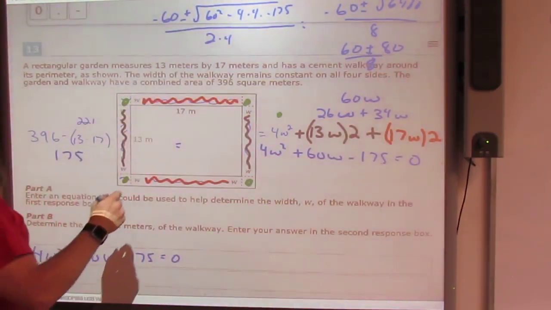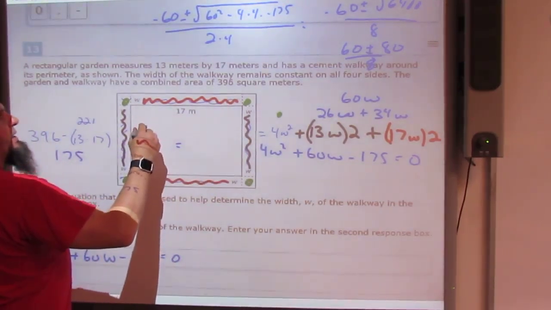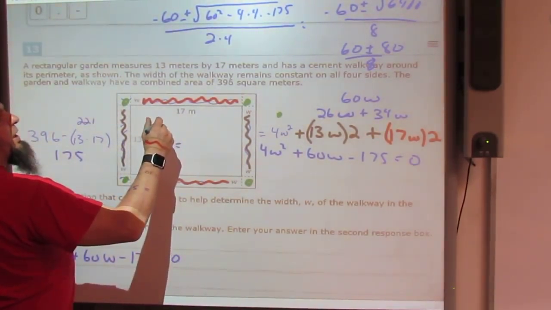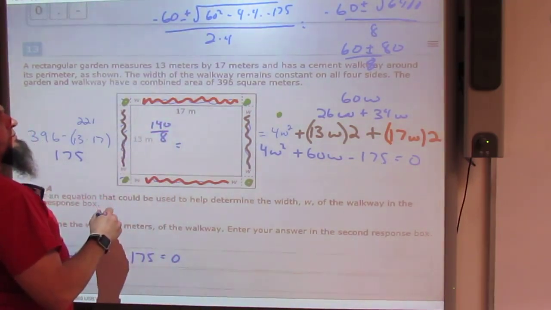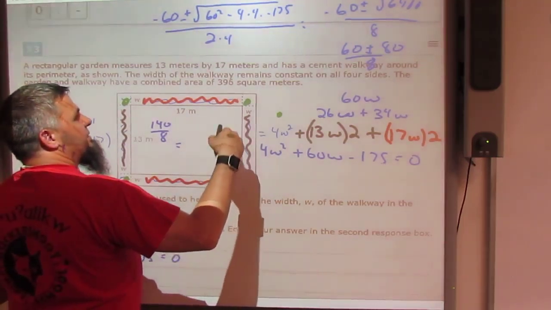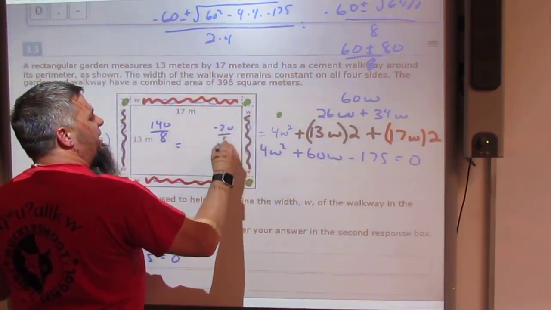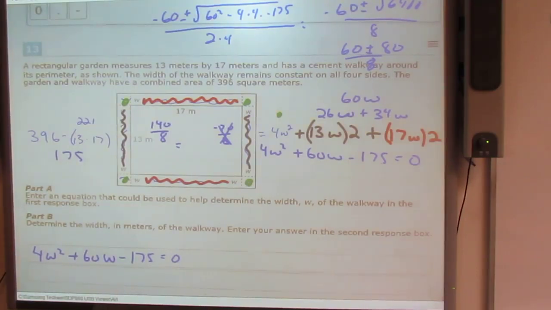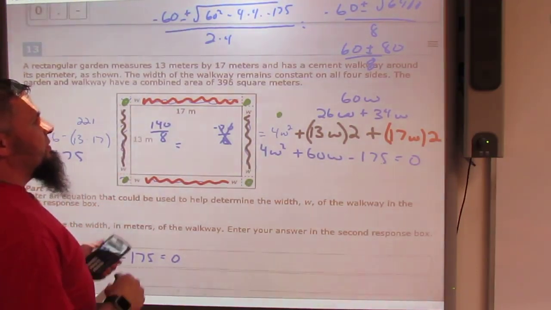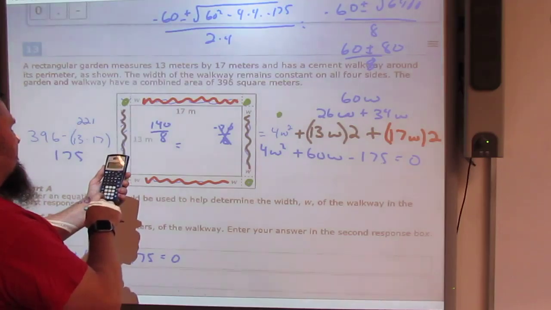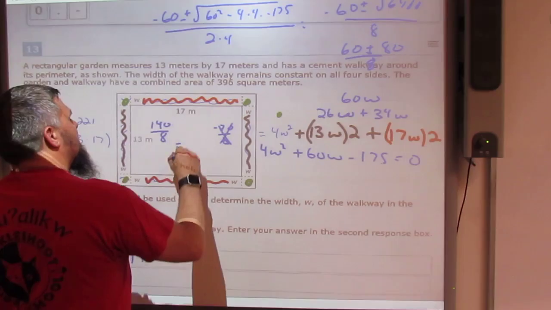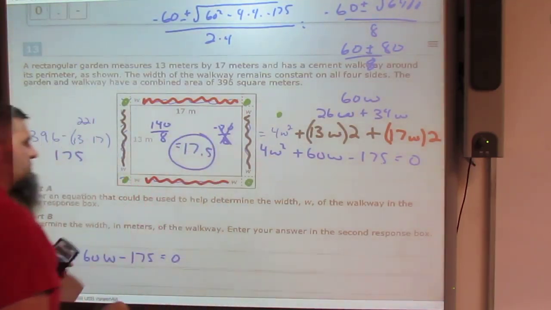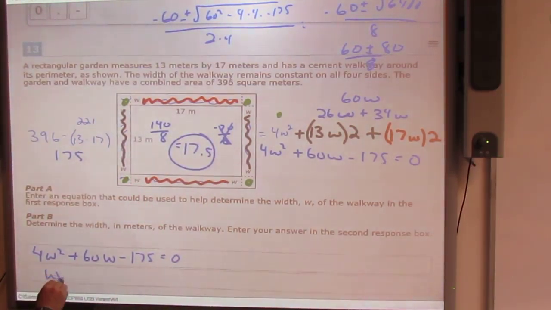So 60 plus 80 would be 140 over 8, and then 60 minus 80 would be minus 20 over 8. It can't be a negative, so then it would be 140 over 8. 140 divided by 8 is 17.5. So W is equal to 17.5.